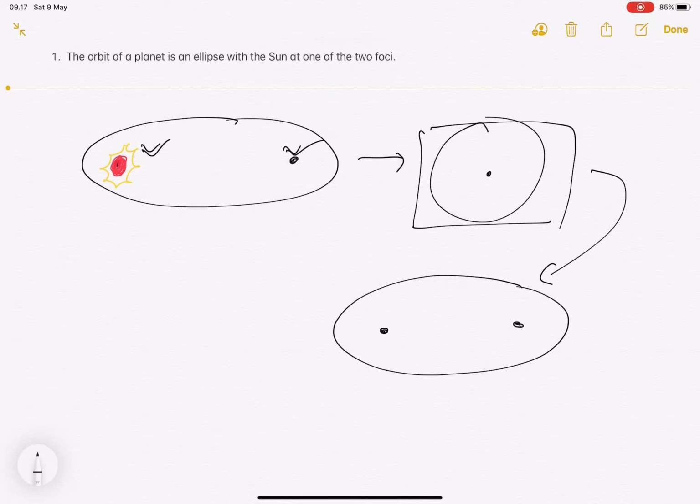So the first law says the planet moves around in an ellipse where the sun is one of the foci. Here, this is the orbit and this is the planet.